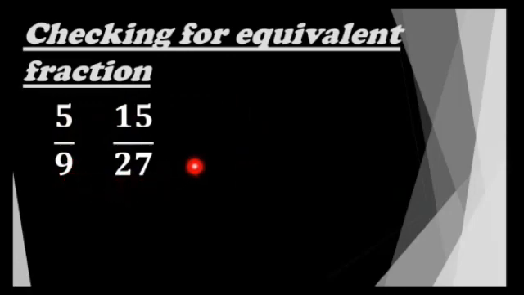Dear children, for this we need to cross multiply. We will multiply 5 by 27 and 9 by 15. If the products of both are equal, then the given fraction is equivalent to 5 by 9.